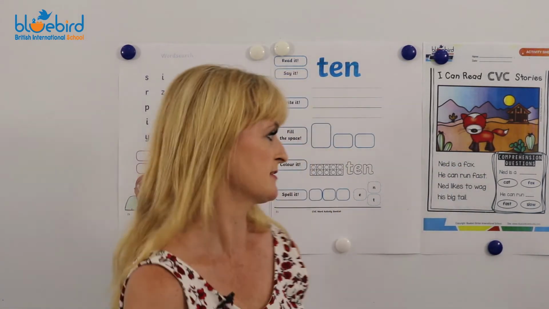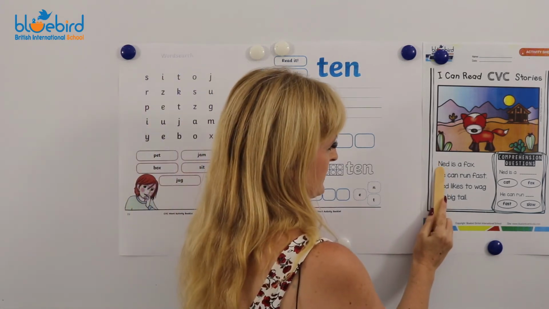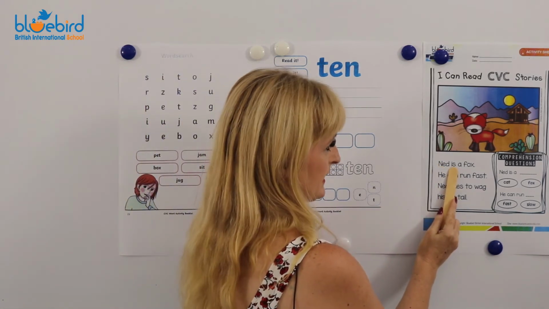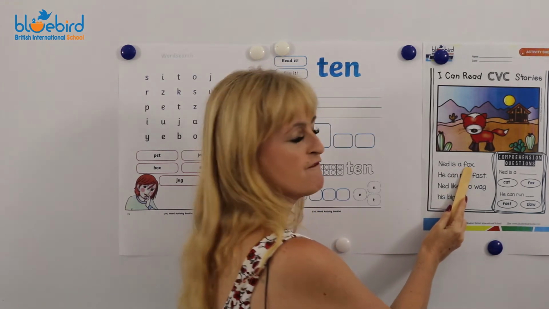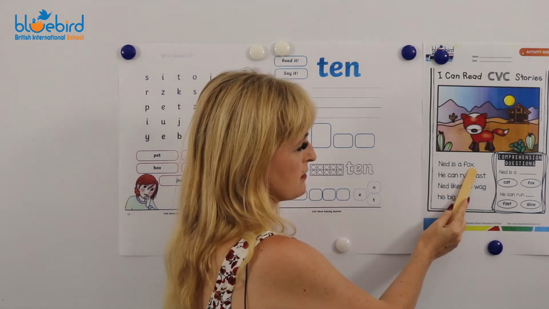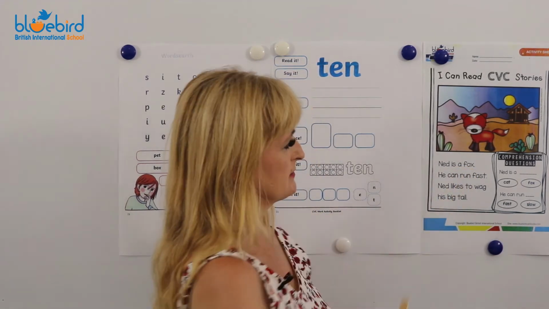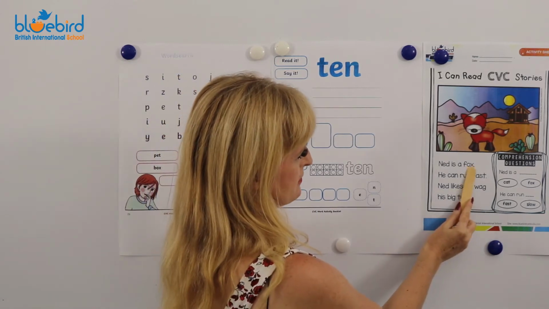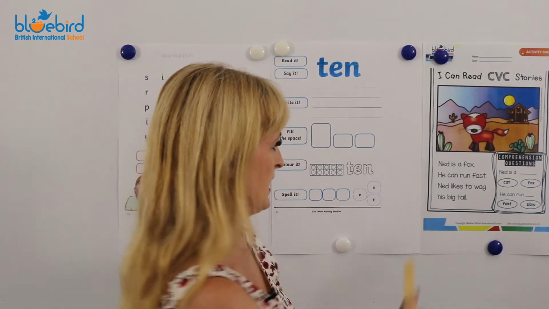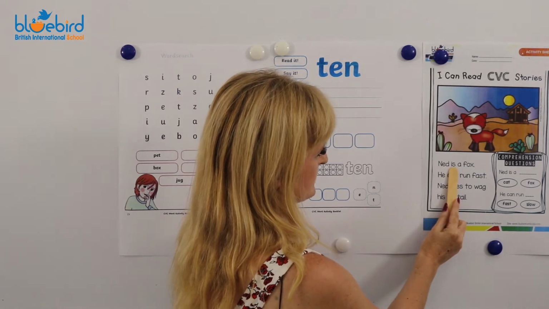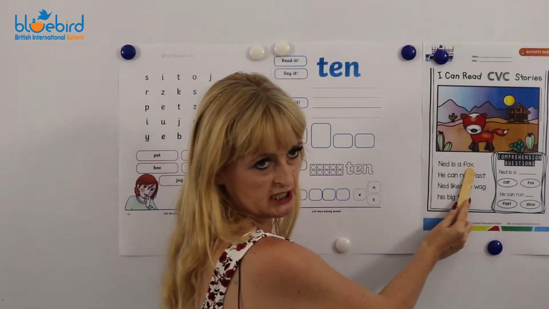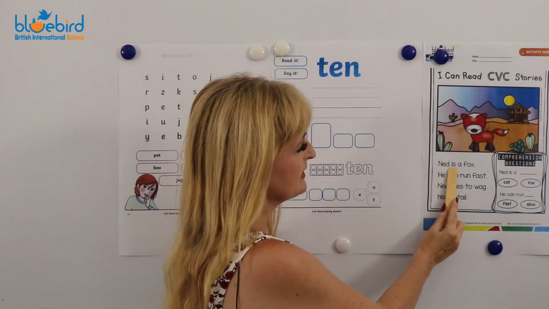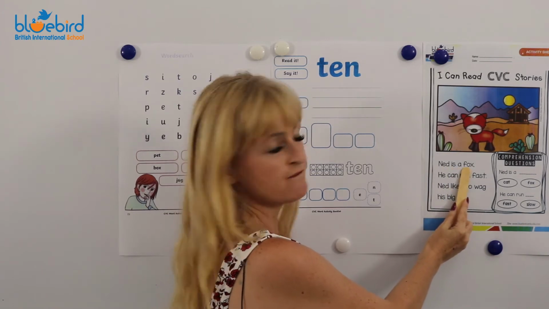Ned is a fox. Fox. So this is our CBC word, fox. So we all know that word. Ned is a fox.